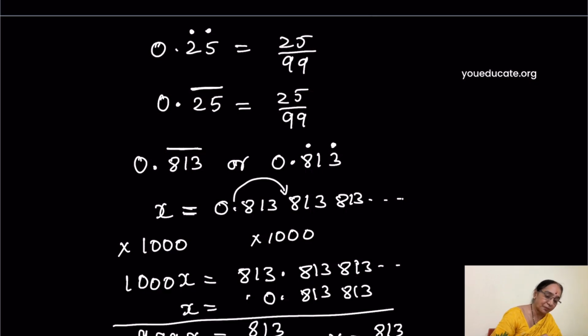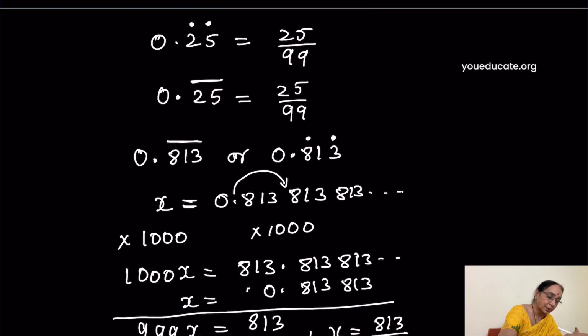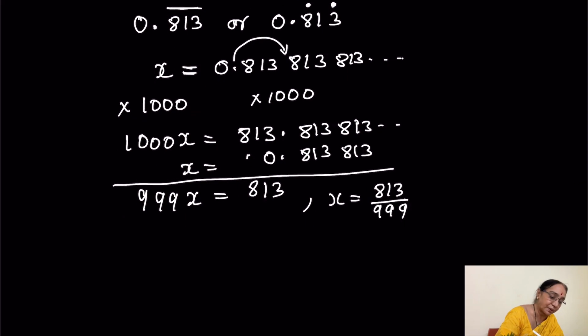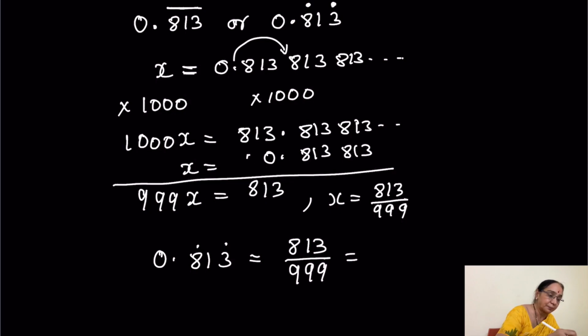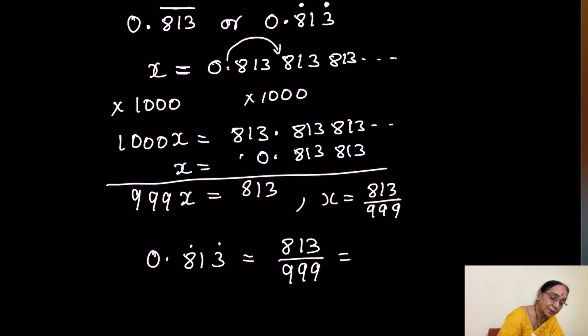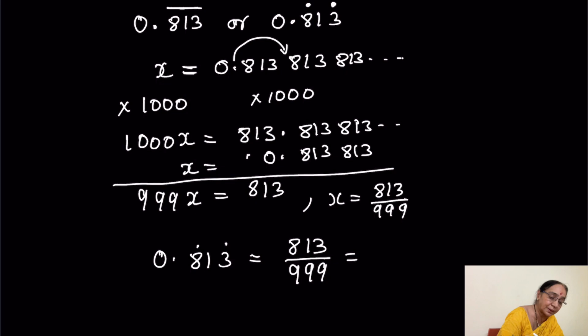See if you can simplify this number. It's better to leave fractions in the simplified form. So 0.813 has been converted into a fraction as 813 by 999, divided by 3. The numerator, because if you add the digits of 813, the digit sum is 12, which is divisible by 3.